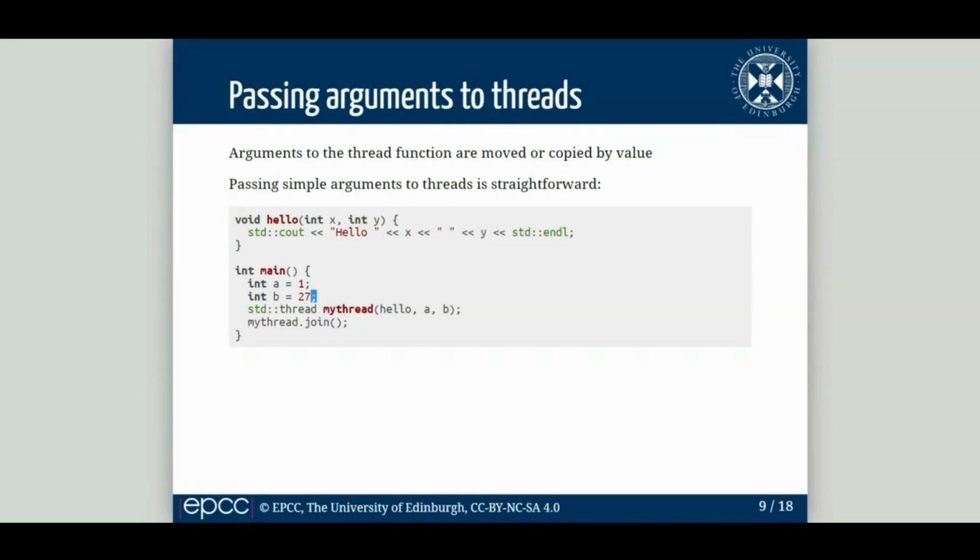So here in the main, you define two numbers and you create a thread, my thread, and in the constructor you specify hello, that is the name of the function, and a and b, that are the parameters that we will send. Then you wait here with my thread join, and once this function has been executed, you finish.